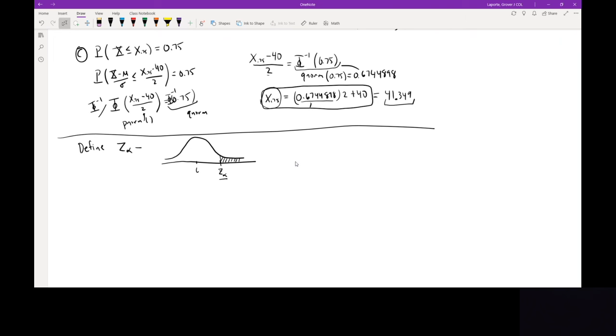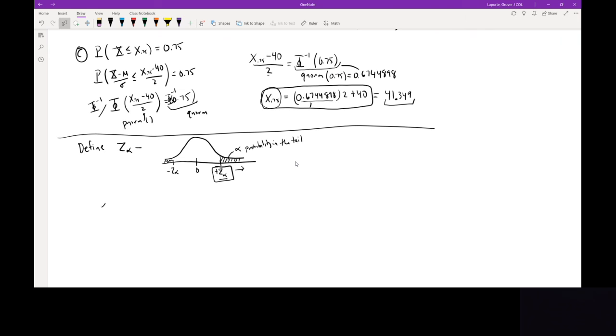Again, this will be 0, and this will be the point that has alpha probability in the tail. That's all we're looking for. And we're always using the positive one, and that's why we're coming to the right-hand side. We could easily find the negative one, but when we start doing confidence intervals, you don't want to be messing around with the negative Z alpha. So just understand that we're looking for the positive number, which has alpha probability in the tail.